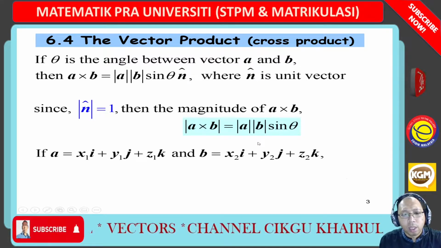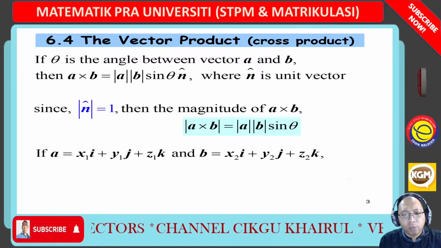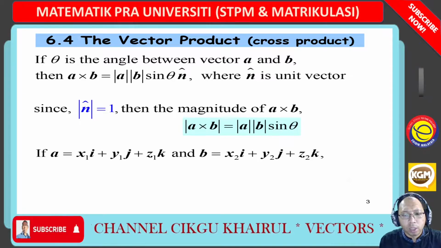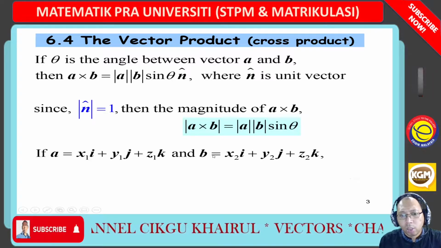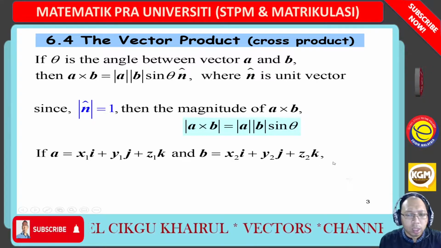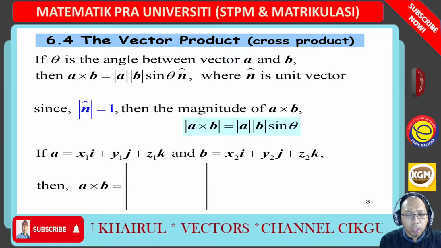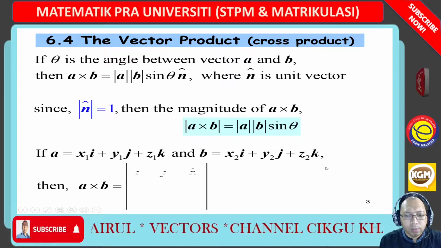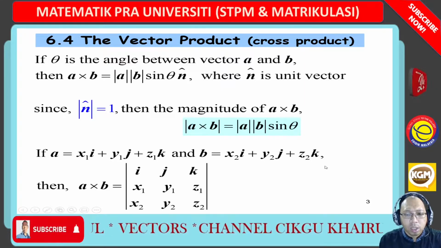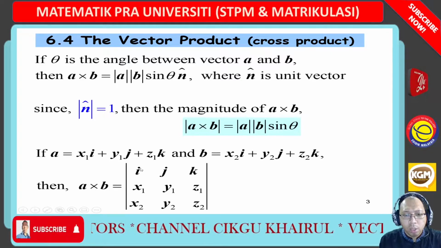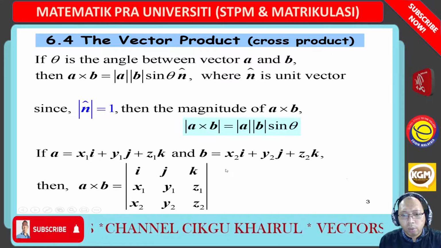Okay, let's say if we have two vectors A, x1 i, y1 j, z1 k, and also B, x2 i, y2 j, and z2 k, then A cross B equal to, so we have to cross A and B. We find the determinant.